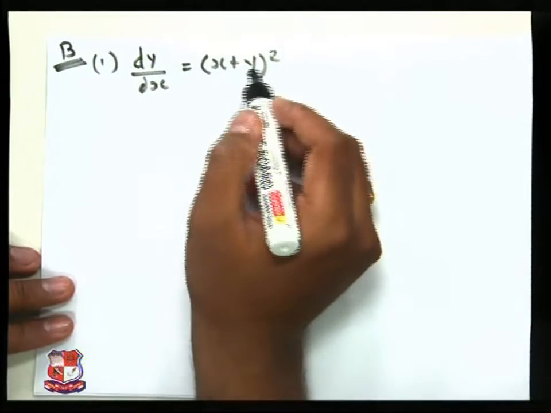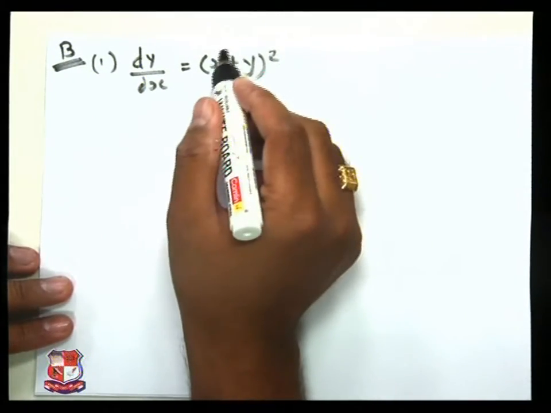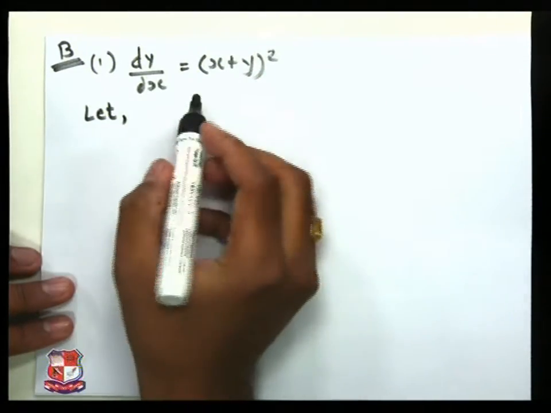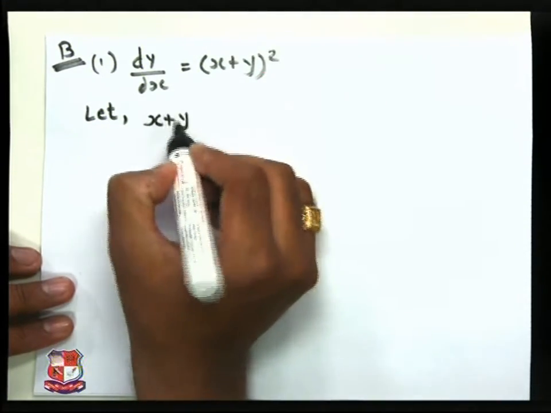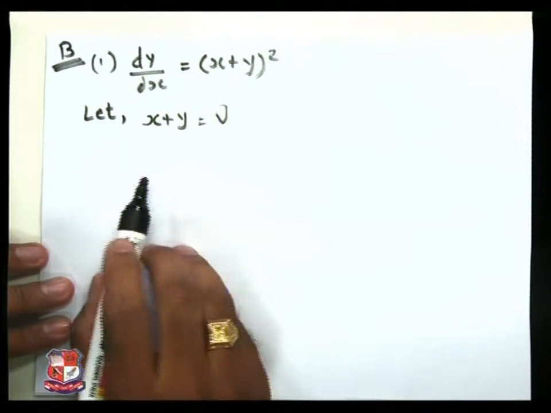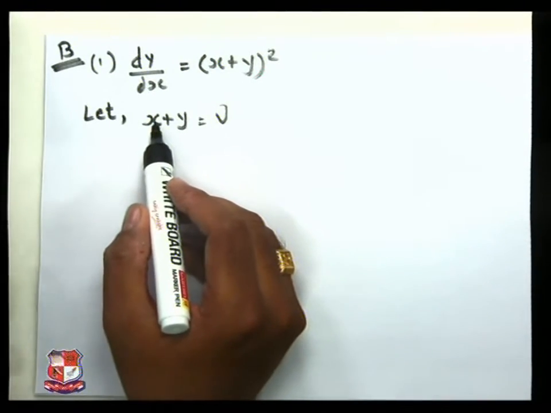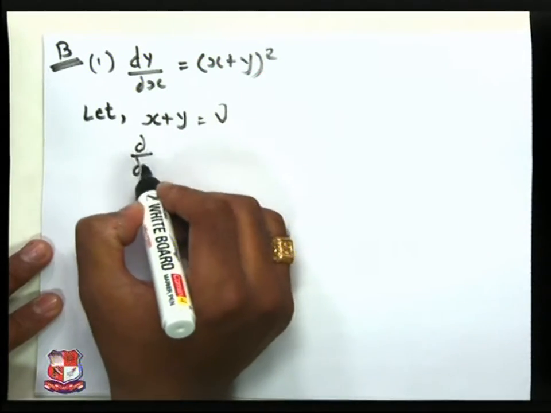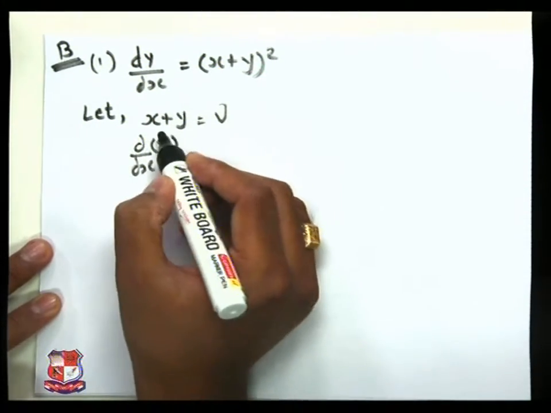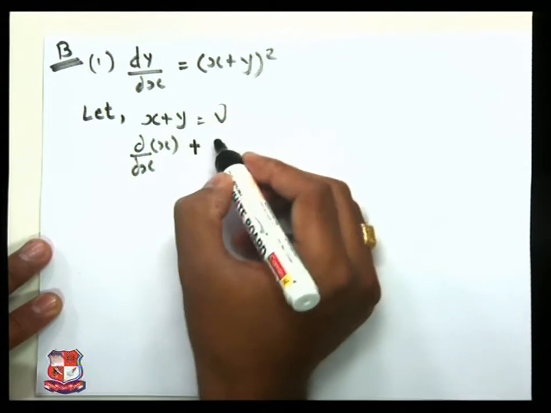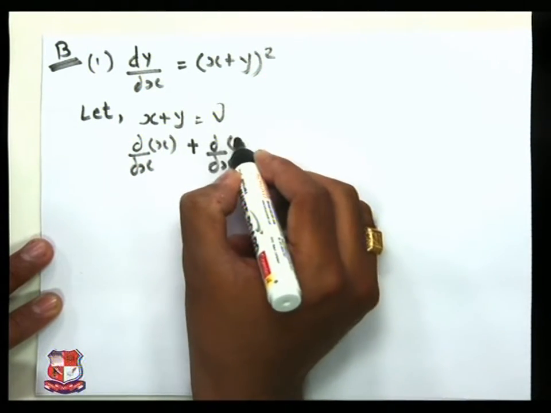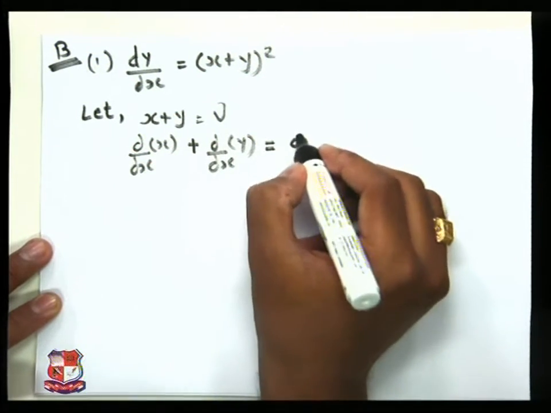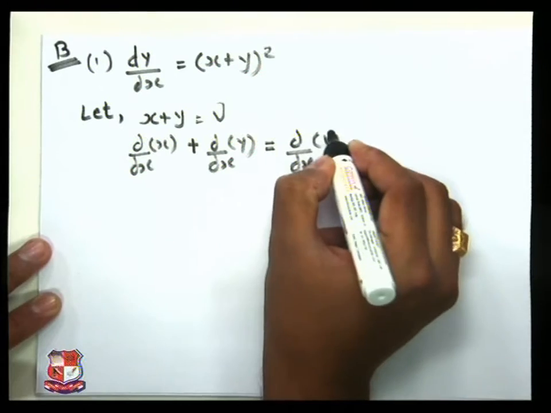This is the term of x plus y whole square. So we assume x plus y is represented by v. So let x plus y is equal to v. Now if we differentiate this equation with respect to x, d by dx of x plus y, that means d by dx of x plus d by dx of y is equal to d by dx of v.